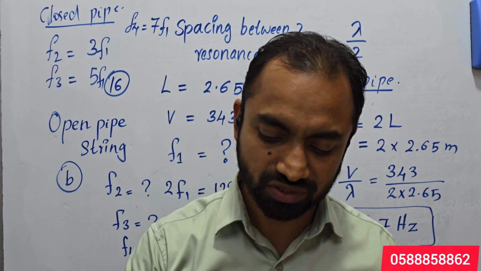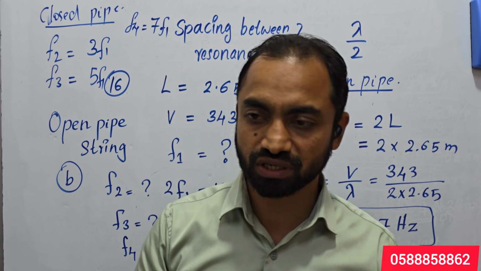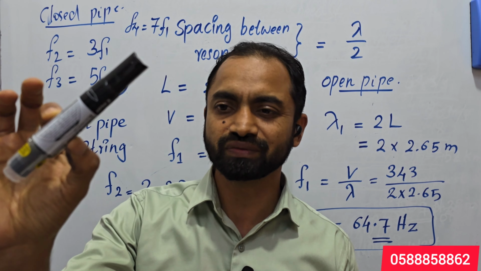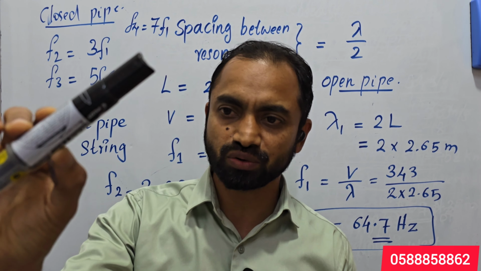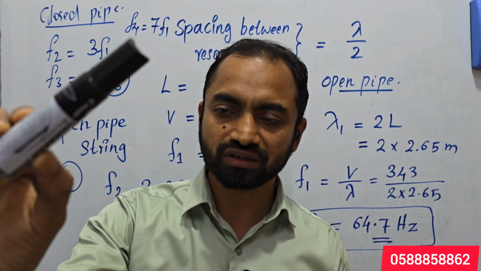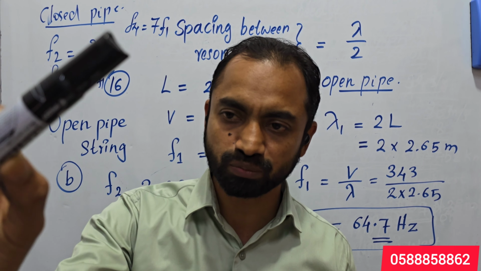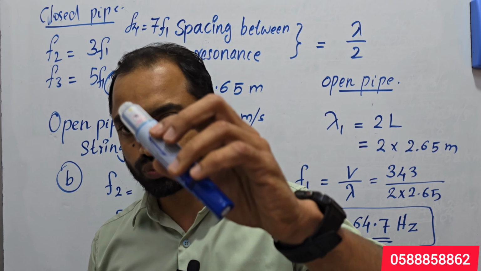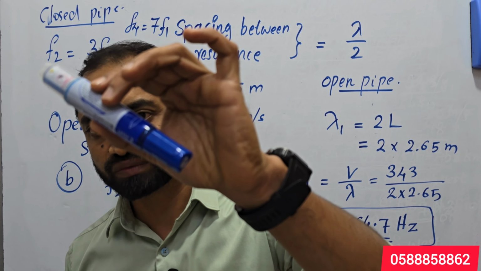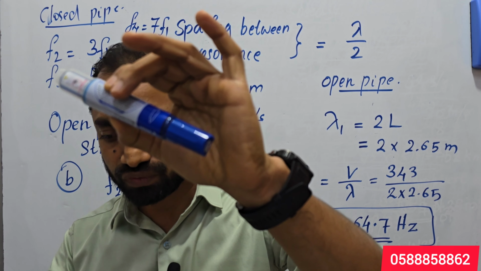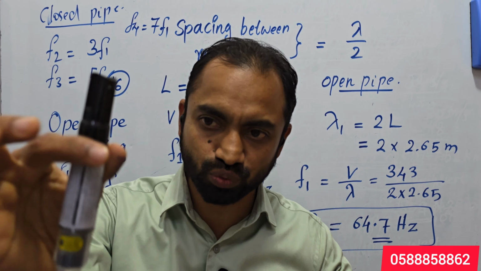For example, this is a musical instrument producing a sound, a tuning fork or anything. Its frequency is 100 hertz. This other one is producing a sound 1 octave higher than this one.